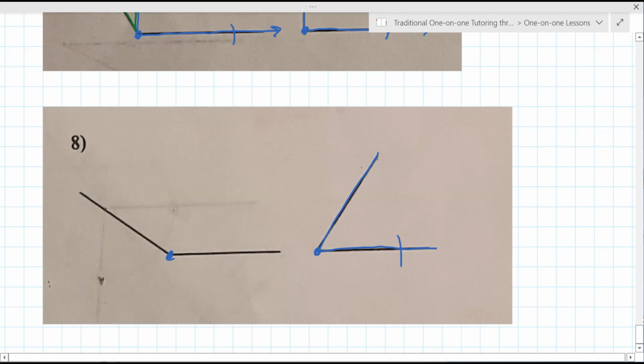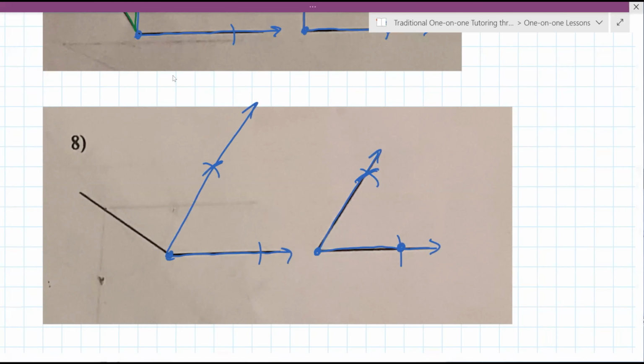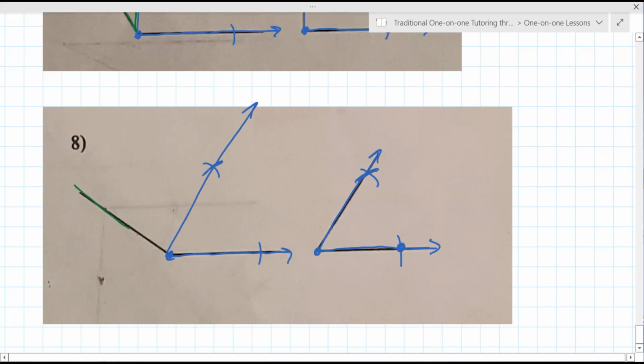So you swing an arc, you swing the same length arc like that. And you come back to this one here and you swing an intersecting arc. You get something that looks like that. So now the angles should look the same. And then the green is the difference between them.